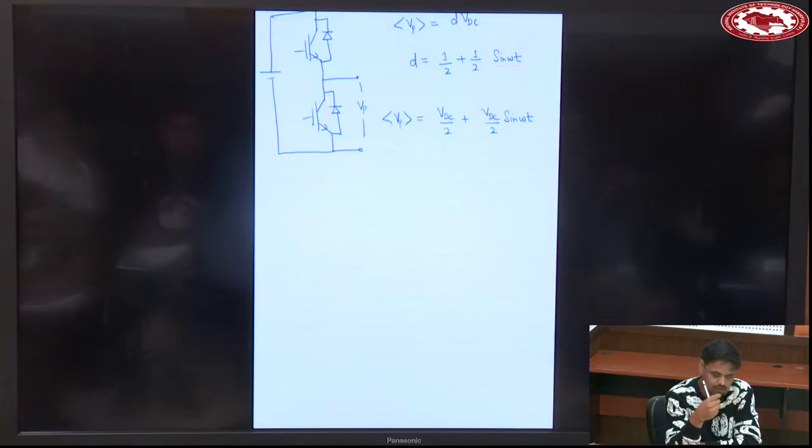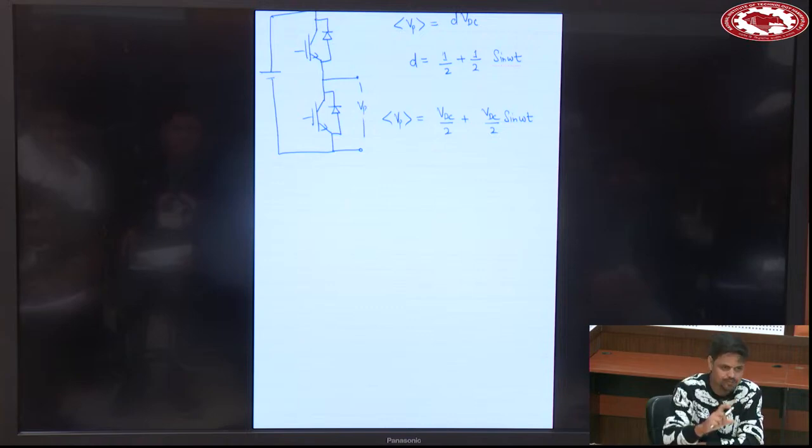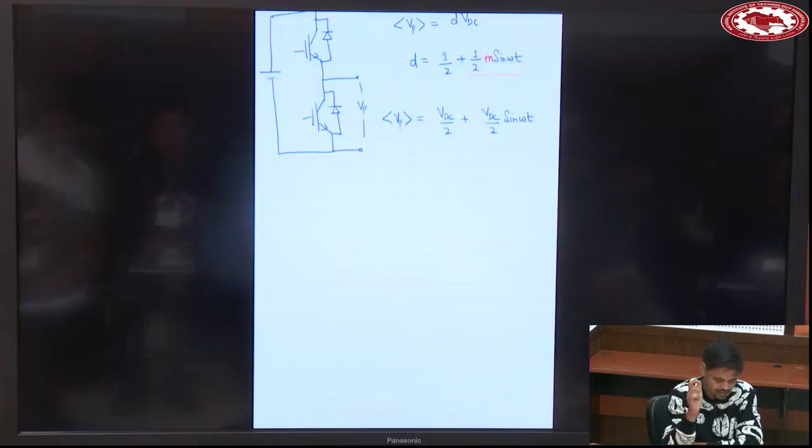It is 1 by 2 plus 1 by 2 sin omega t. If you want to change the amplitude of the sine wave, then you have to insert one more factor here, m. So if m is 0, there is no sine. If m is 1, you have the full potential. Correct? This m is known as the modulation index.